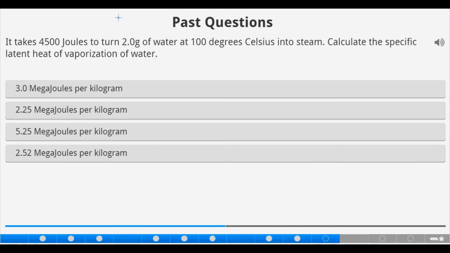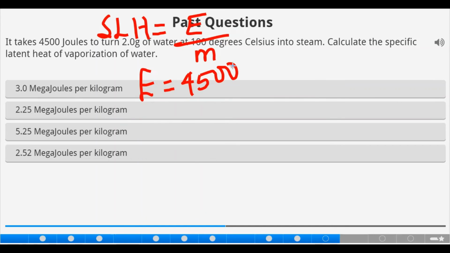We have the specific latent heat to be equivalent to what? Energy per unit what? Mass. Now, the energy that is required here is what? 4,500 joules. And the mass here is what? 2.0 gram of water at 100 degrees centigrade. Here temperature is to be neglected.